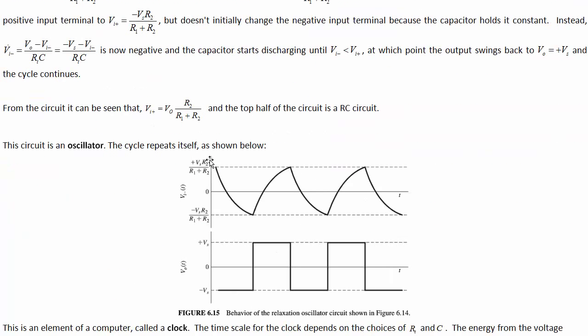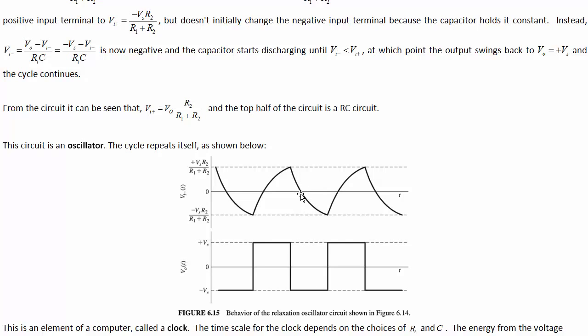So we're constantly discharging, charging, discharging, charging the capacitor. We started at 0 on the charging cycle: 0 volts on the capacitor, which means 0 volts at the negative input terminal, and a positive output, and that was this situation right here. If we had assumed 0 volts and a negative output, then we would have started at this point.